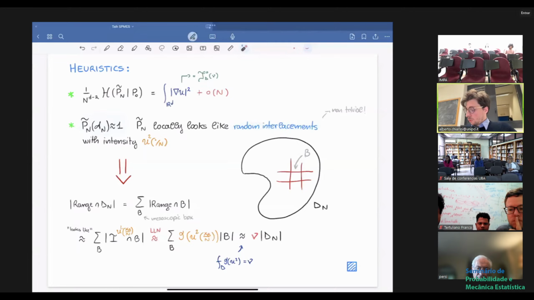So theta of U squared x_B over N times B. And now this is just a Riemann approximation.